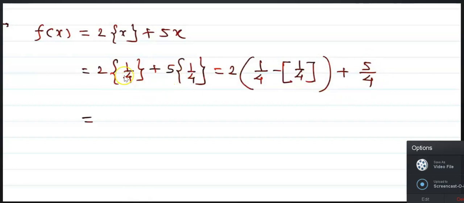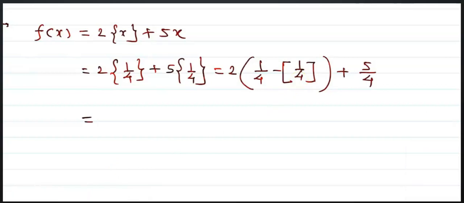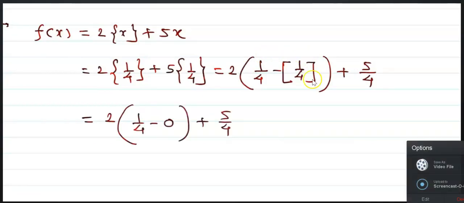Now this is the fractional part of x. The definition of the fractional part of x is x minus the integral part of x, that is 1 upon 4 minus the integral part of 1 upon 4. Now see this simplification. That is 2 in bracket 1 upon 4 minus the integral part of 1 upon 4, which means 0.25, and the integral part of 0.25 is 0, therefore I had written 0.